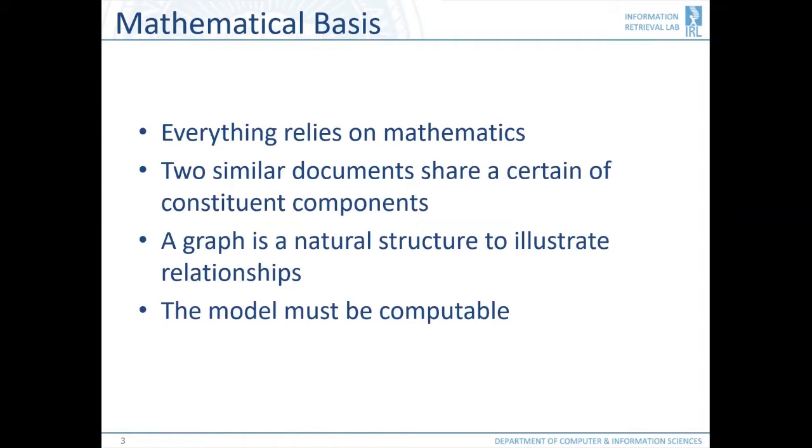A graph is a natural structure to illustrate the relationship between any two documents or objects. And the third and most important one is that the model has to be computable, right? So after we mathematically model this document comparison problem as a graph, this graph has to be computable.